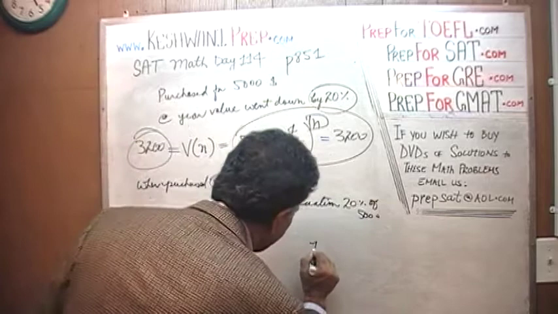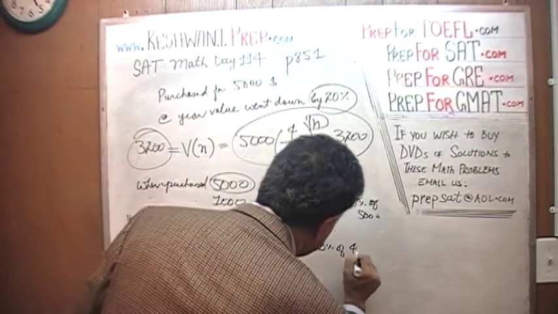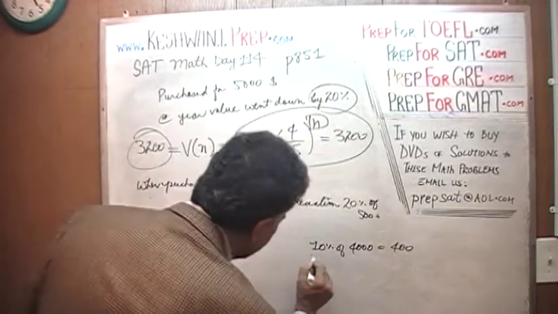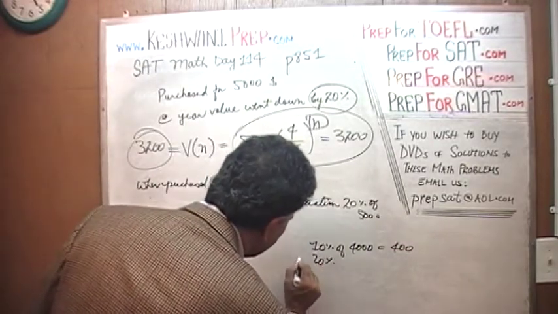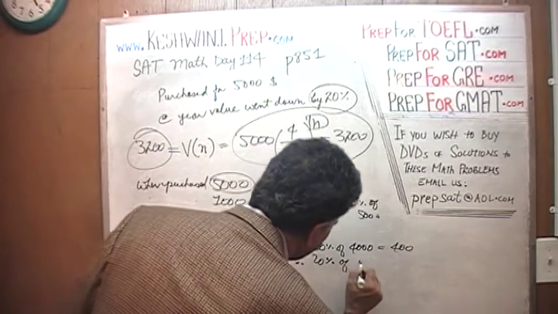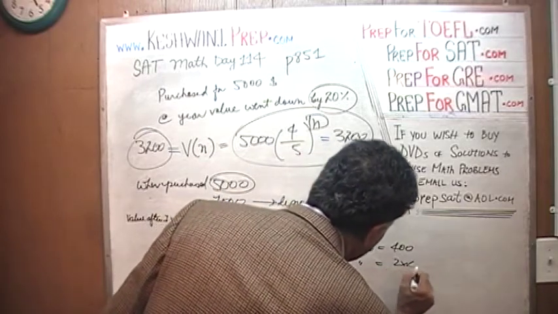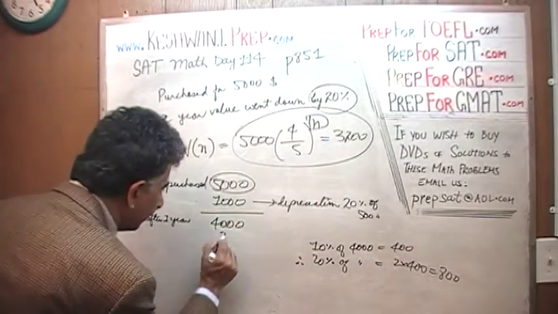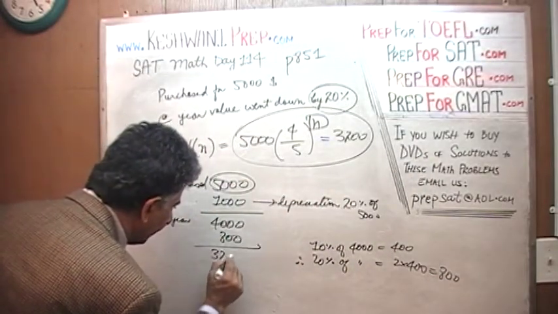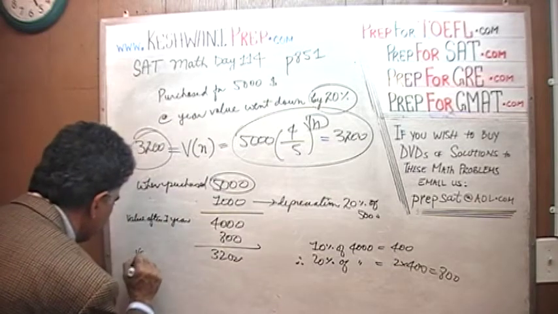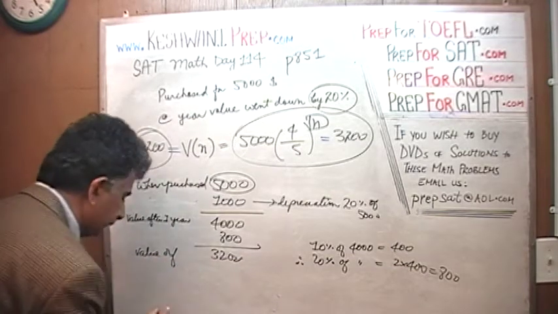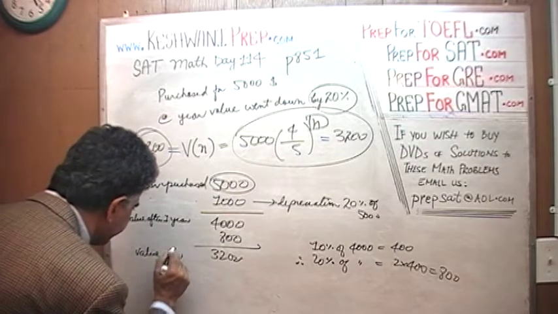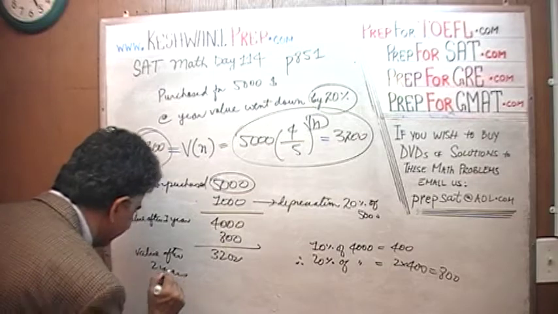Again, 10% of 4,000 is 400. You just drop a zero. Therefore, 20% of 4,000 is going to be twice as much, 800. So we subtract 800 from it, and we arrive at 3,200, which is the value after 2 years.